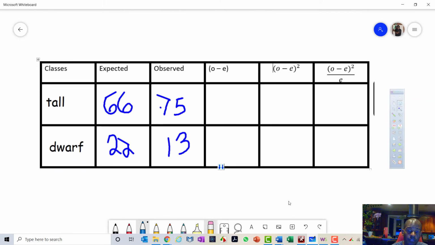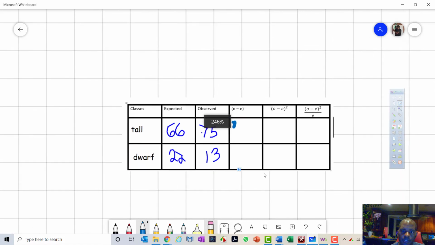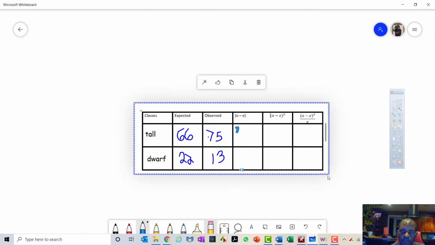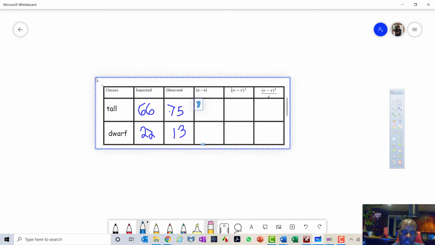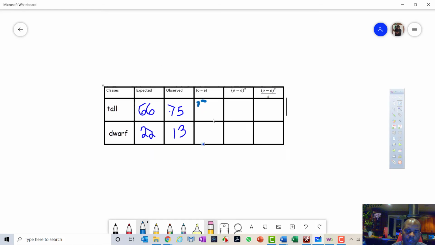So I want observed minus expected. So that's going to be 75 minus 66.